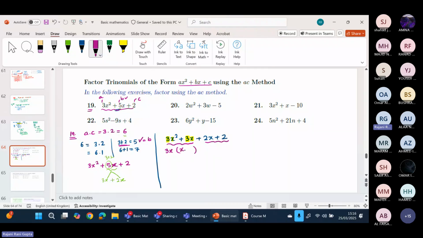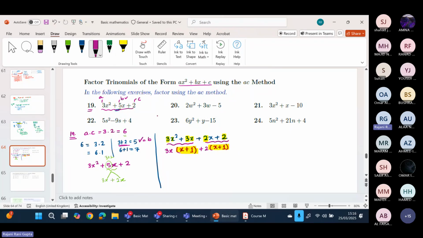You left here x plus here nothing. Nothing means 1. Similarly, in the second term, you can take 2 as a common factor. So what you left here? X plus 1. Now if you look at it, this x plus 1 is common in both the terms.